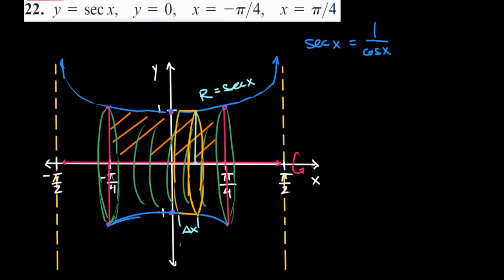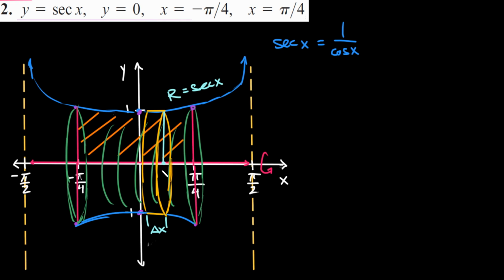And so next, what you want to do is think about how you get the volume of one of these disks. And we know that the volume of a disk is just like finding the volume of a cylinder, just a really short cylinder, right? So you find the area of the face here, and then you multiply it by the height or thickness of the disk.